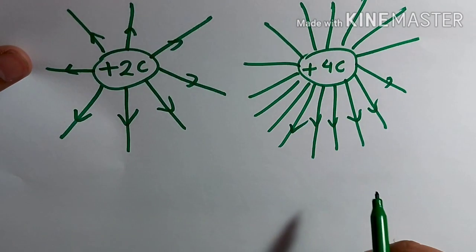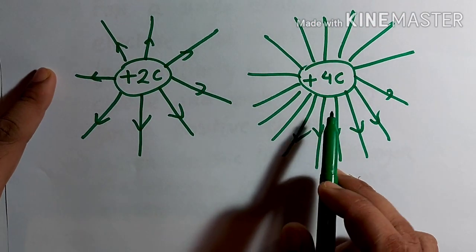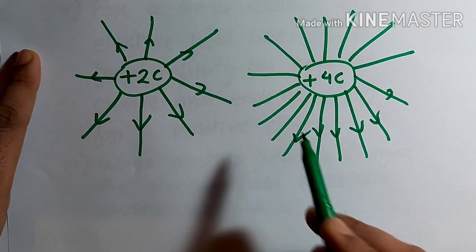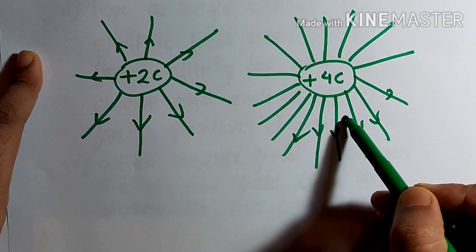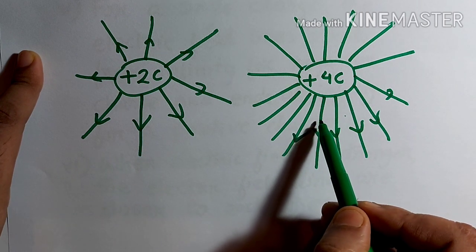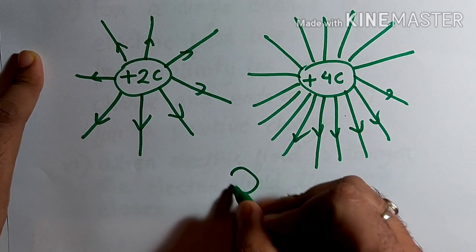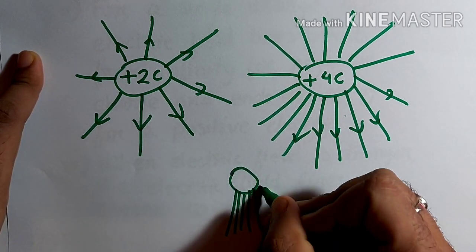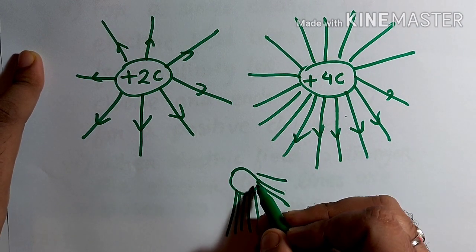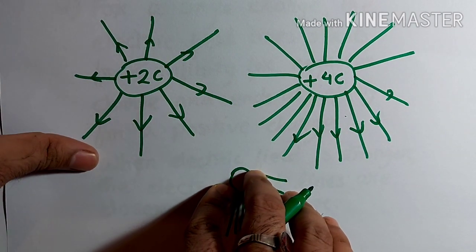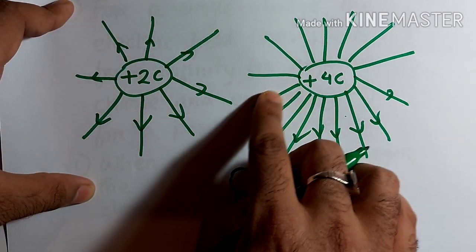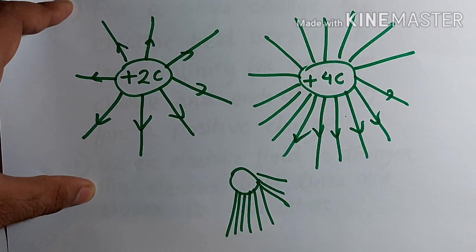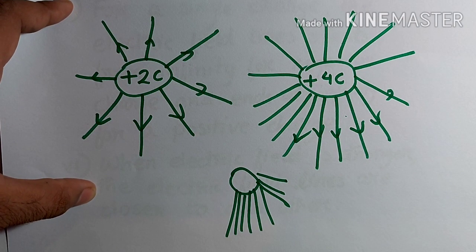That is, in case of a higher value of electric field, you will see the distance between two field lines is relatively smaller. The closer the electric field lines are, the more the strength of the electric field is. Clear? It says that with the increase in relative closeness of electric field lines, the magnitude of electric field also increases.